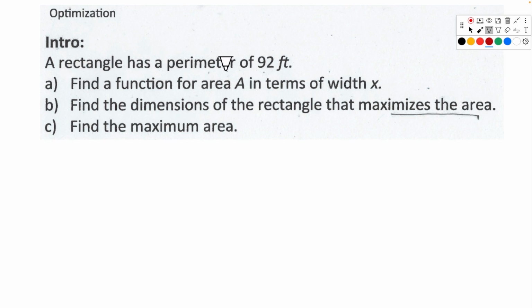And we're told that the rectangle has a perimeter of 92. So that's what we call a constraint. Everything we have in here, there's a constraint, and then there's something we want to maximize. The constraint limits our ability when we're solving this.